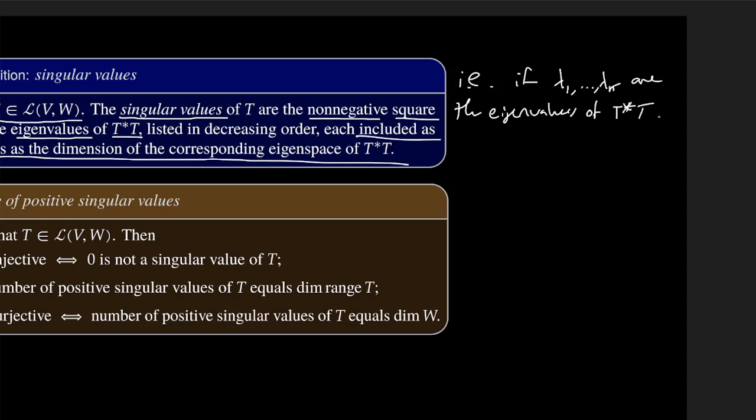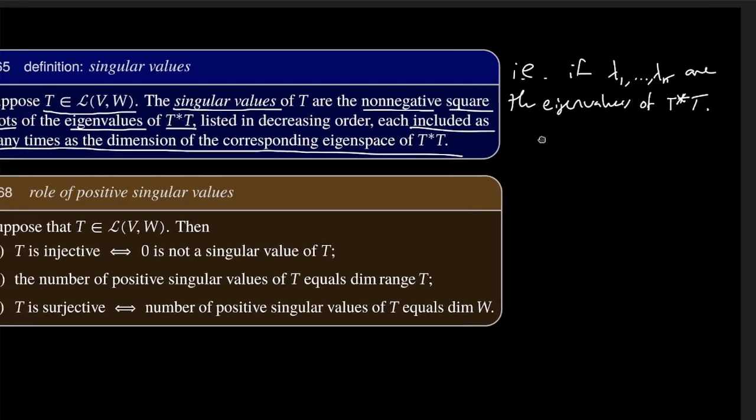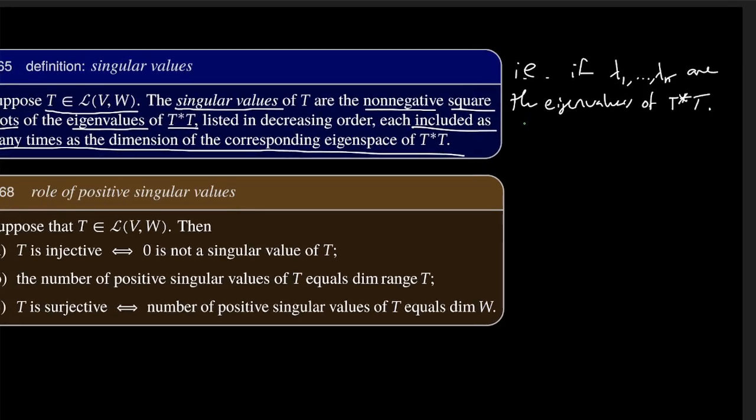Okay, great. Cool. And the dimension of E lambda i of T star T, that is the dimension of the corresponding eigenspace, let's let it be equal to n i.